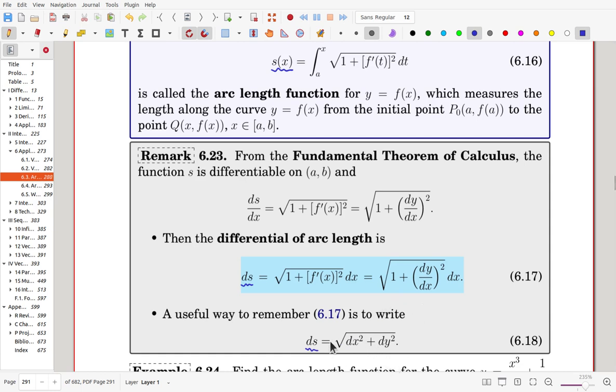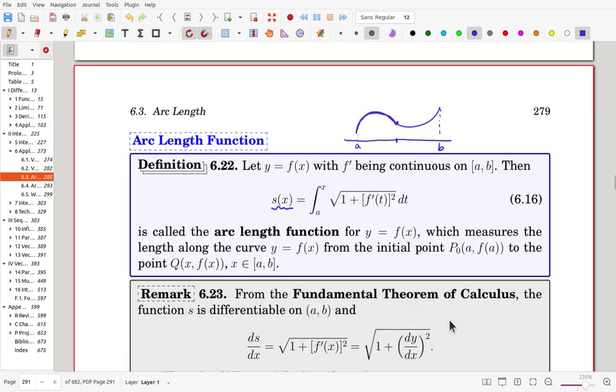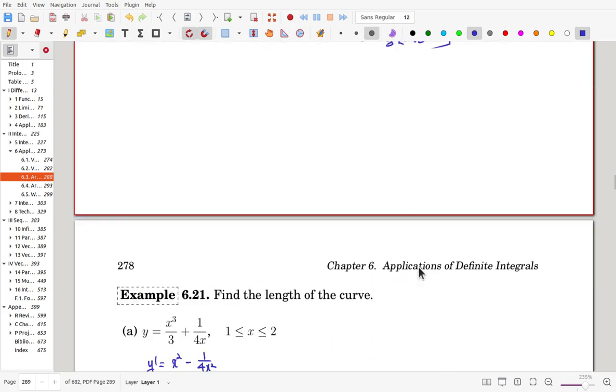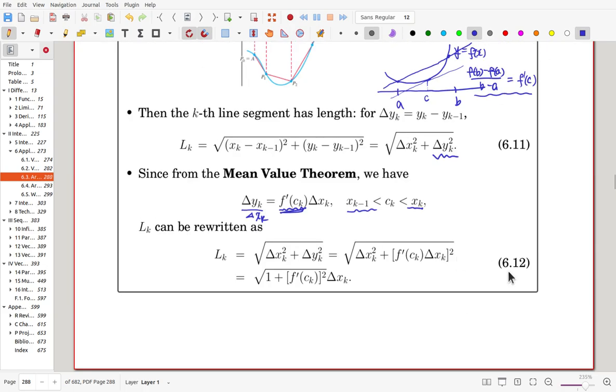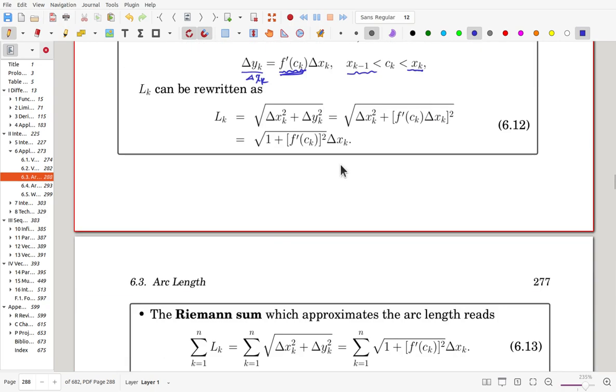You can memorize it this way, like in the Pythagorean theorem we used earlier when we started the arc length computation: that plays the role of ds, and that is dx squared plus dy squared.